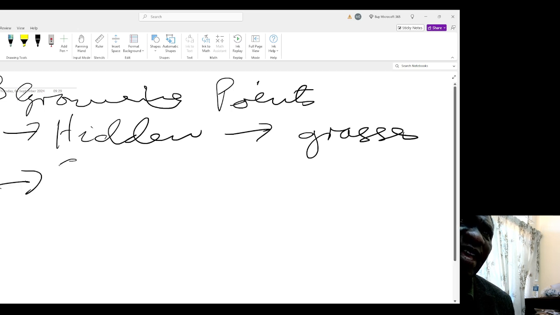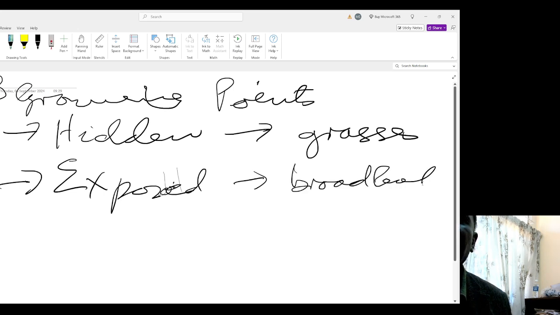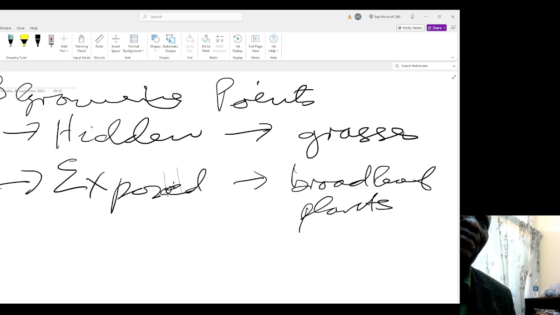But they could be exposed in broadleaf plants. Now, if the growing points are hidden, it means that the herbicide is not going to reach the meristematic region, and the grasses will be safe.